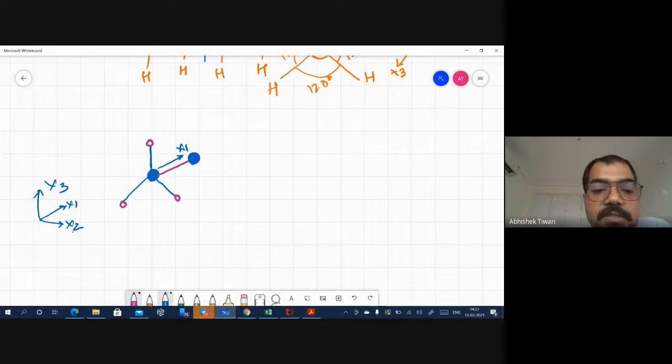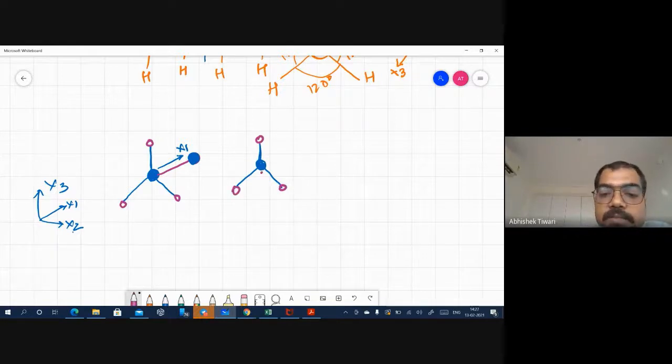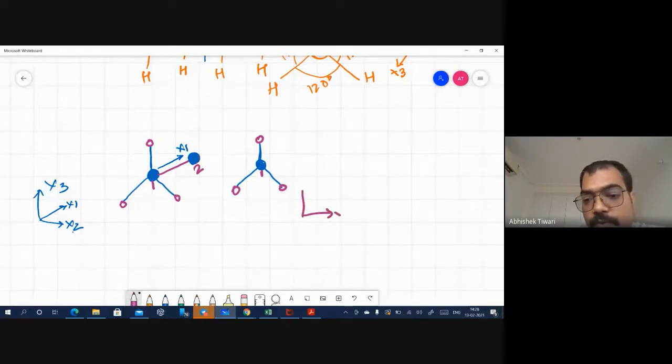Then it may look like this. So I have carbon, hydrogen, hydrogen, and this is my first atom, and the second atom might have the same orientation of hydrogen, or it can be different, okay? So it can simply overlap if I'm looking from the x2, x3 plane.